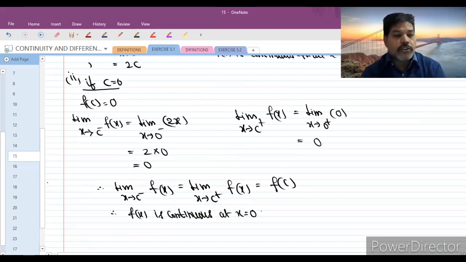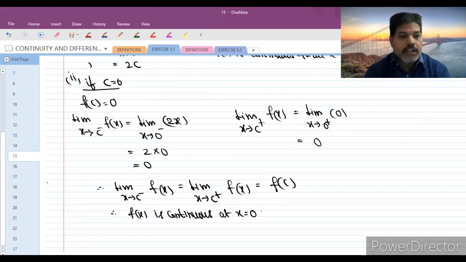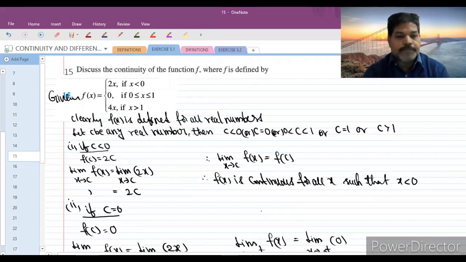Do you understand, students? That is case 2. So what is case 3?